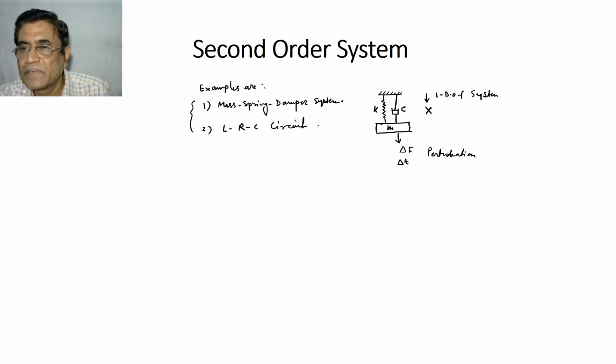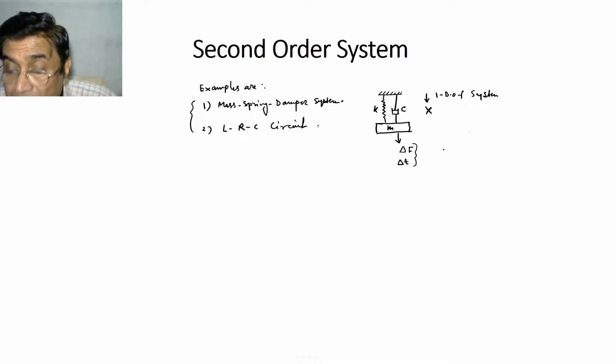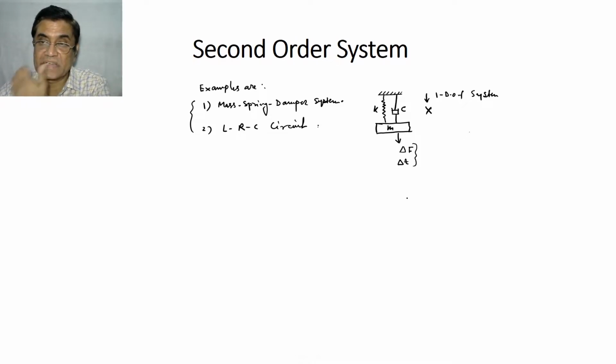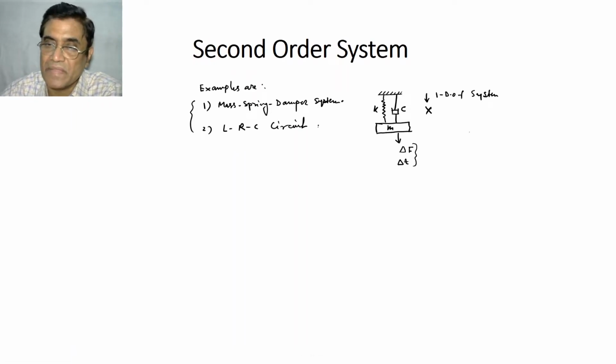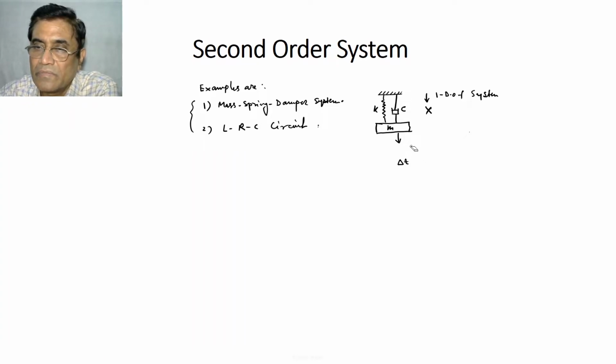The definition of perturbation is a delta amount of force acting on a system for a small duration, delta t. So if I perturb, I would like to see how the system behaves, right? What way it will behave, we'll try to do that.